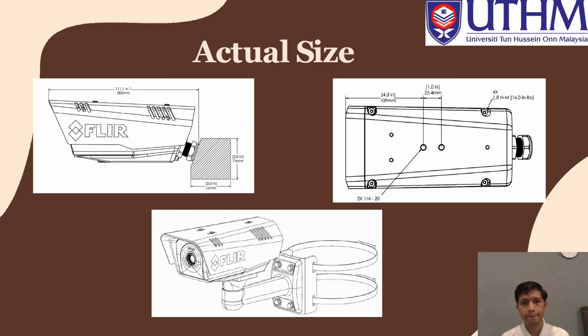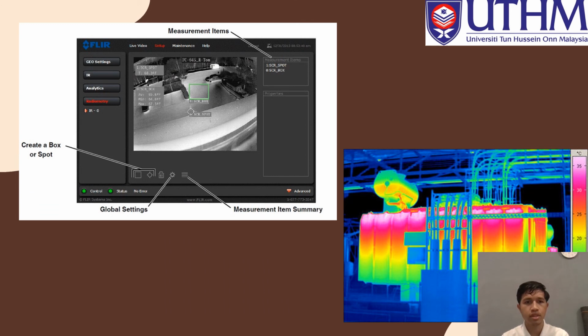And this is the actual size of the FLIR camera FC324R, and this is it mounted to the pole, and this is the interface of the FLIR camera FC324R, and this is the result that I got from the internet.